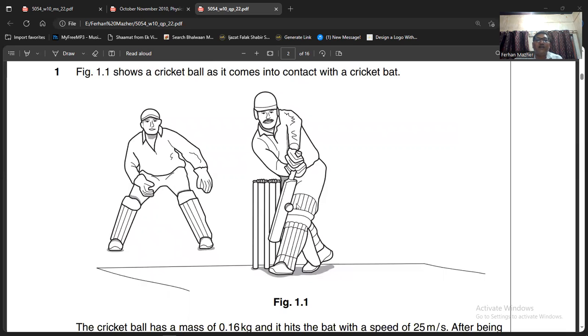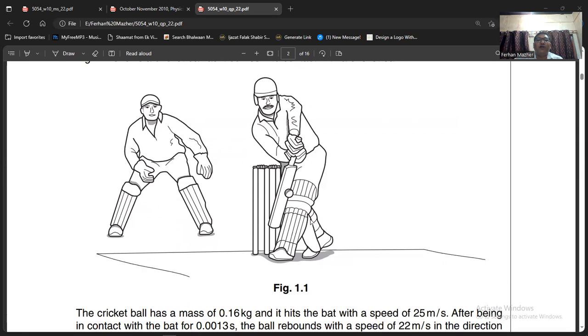So you can see a cricket ball which is coming in this way, then it comes in contact with the cricket bat, and the batsman will hit the ball. And one thing is very important. When the ball is coming towards the bat, suppose you call this direction positive.